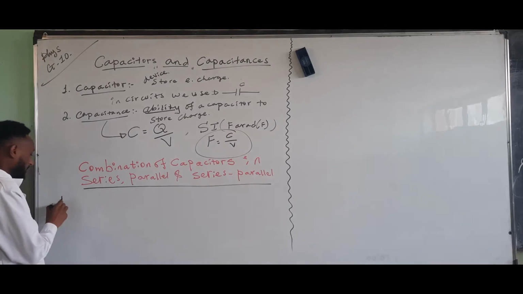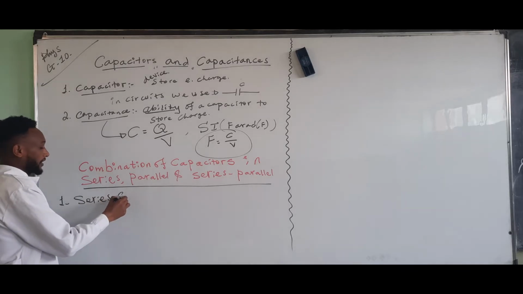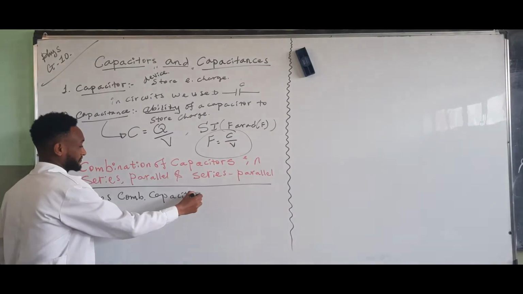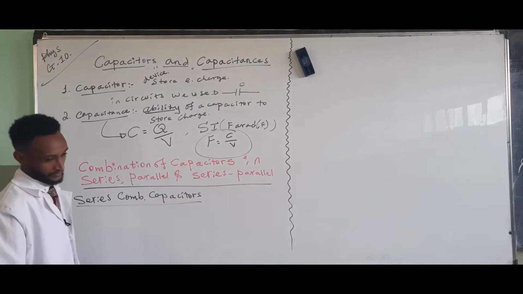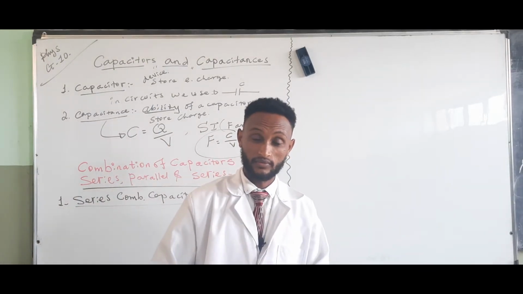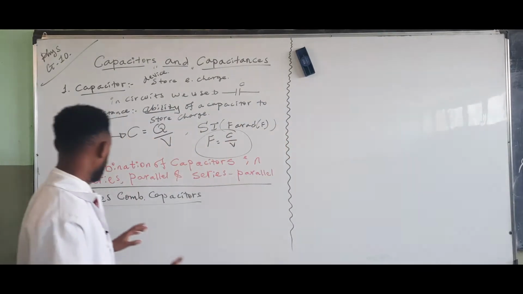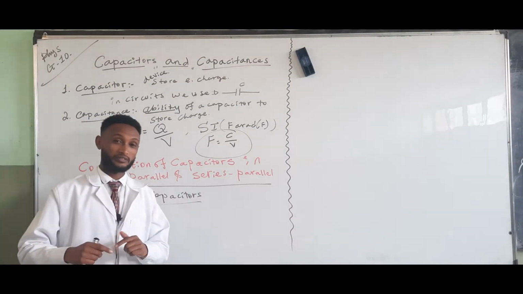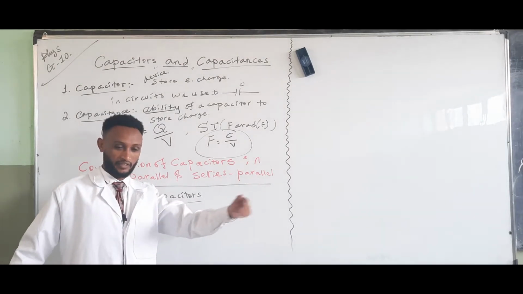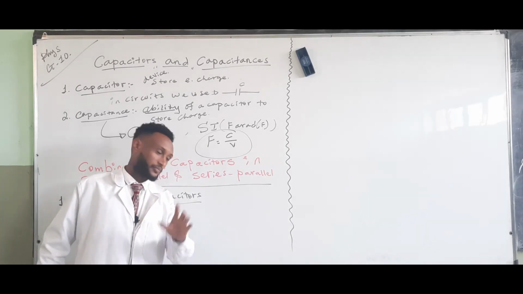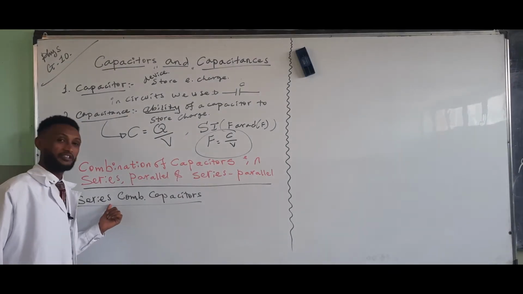The first one is a series combination of capacitors. If two or more capacitors are combined in one circuit, the term series means that if one capacitor comes after another capacitor, we say that this combination is a series combination.